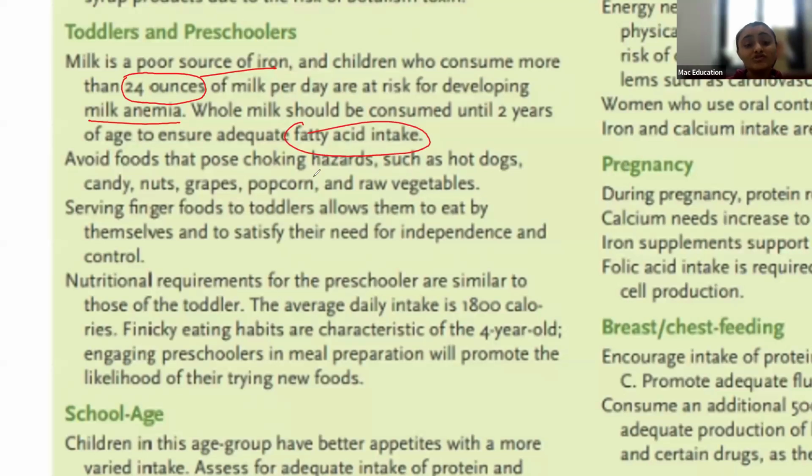Avoid food that poses choking hazards such as hot dogs, candy, nuts, grapes, popcorn, and raw vegetables. Yes, the child is a toddler. The toddler will put everything in the mouth. So we have to avoid foods that can choke the child. Do not give food that causes choking hazards. Any circular food like grapes, or hot dogs cut in circular shape. A hot dog comes long, but if we cut it into circles, we should not give such food to toddlers. Candies, nuts, grapes, popcorn and raw vegetables like small vegetables, peas and everything.